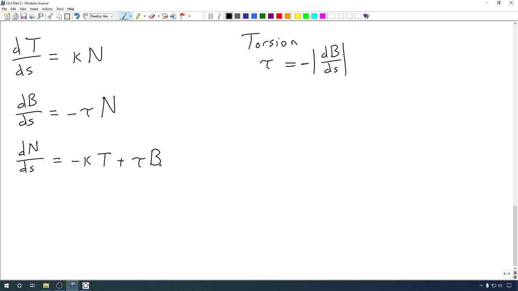So kappa and tau show up again. The curvature and torsion are in this formula. These are what are referred to as the Frenet-Serret formulas.